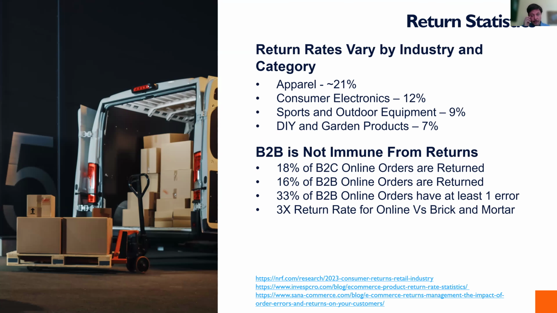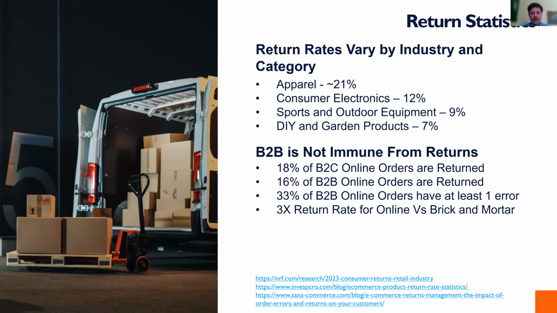Yeah, I think this is an important thing to understand: as more orders go online, one of the consequences is that, depending on the organization, it might be 1.5 times, it might be 3 times, might even be higher than that. But you do have a higher return rate on online orders. We think of online orders as being good for the distributor, good for the retailer, good for the manufacturer.